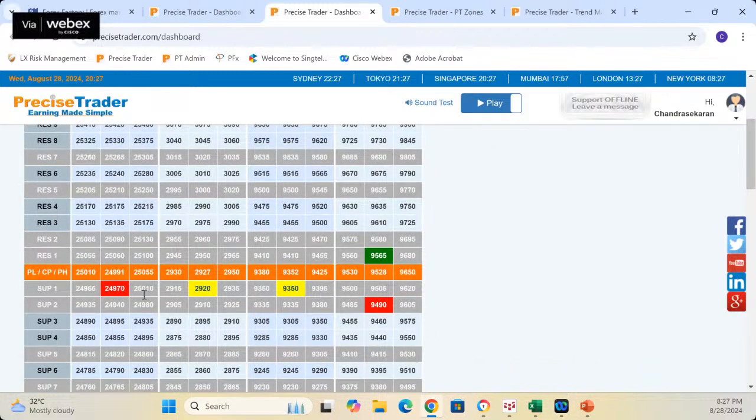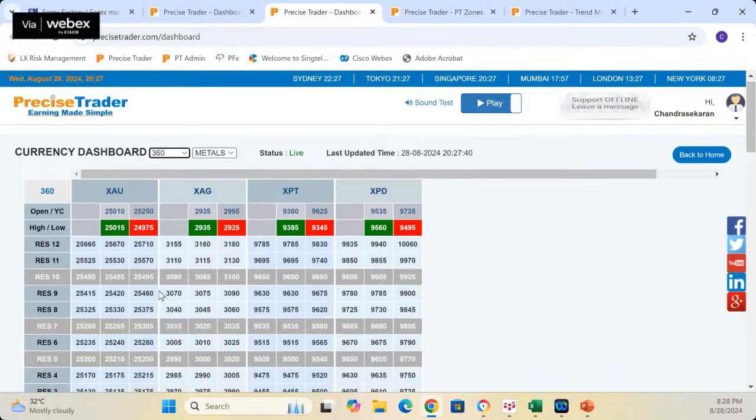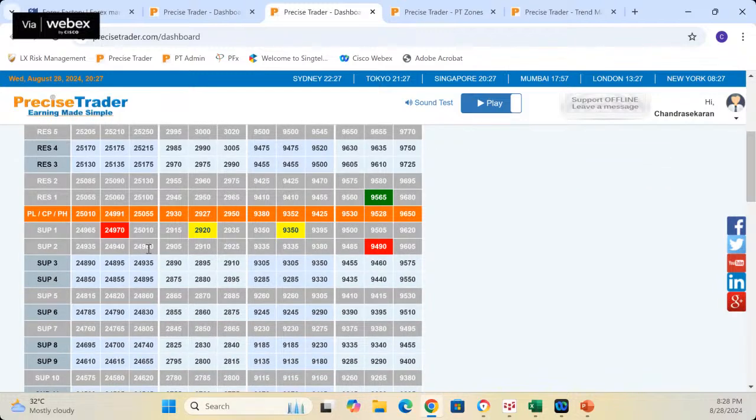For entry, I would want to sell anywhere near 2505, and my stop loss should be above 2509 half. And I must make sure that the 2498 breaks, and right now I think the low is 97 half. So if it breaks, then we may see the price moving towards 2494 or even lower, 2486, 82.